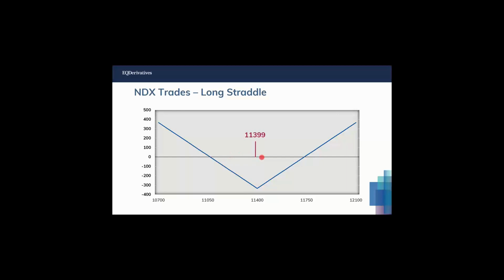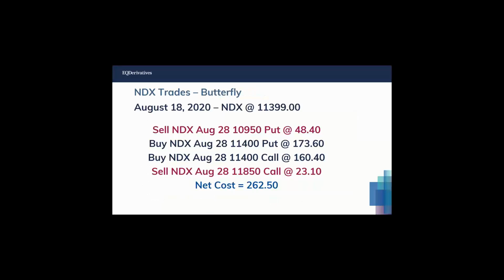If I were to do something like this and the first day I got a big move up, I'd probably consider selling a shorter dated NDX option, and you've got Monday, Wednesday, Friday expiration, taking in a little bit more premium, or maybe even selling this side of the straddle, depending on how much of a profit I have made off of that leg.